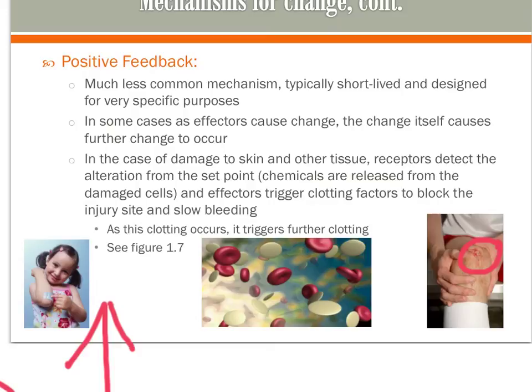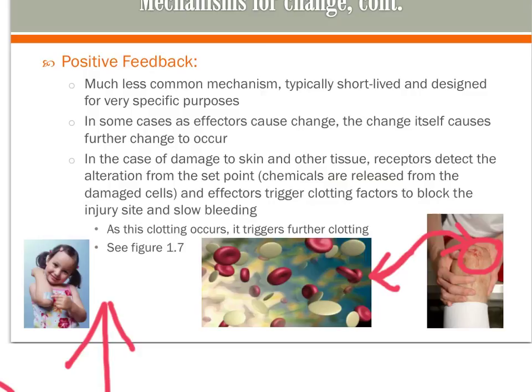And inside of every blood vessel, we have these special cells, which is what this picture is, called platelets and clotting factors and some things we'll talk about later in the year. But as the skin damage is detected by the body, these cells start rushing over here to clot up the hole and to stop the injury.